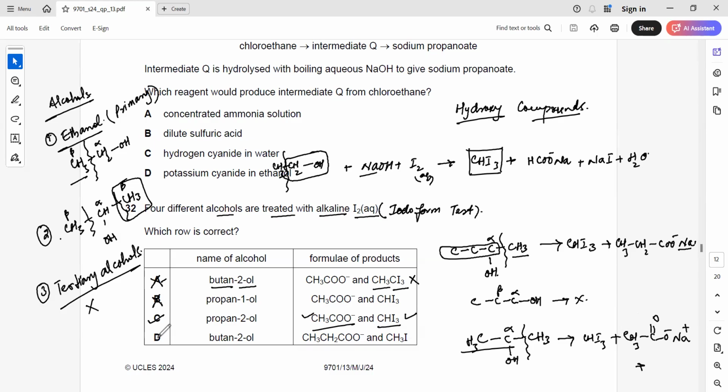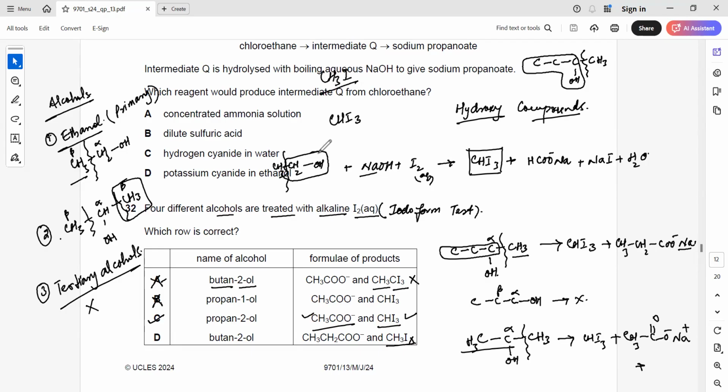But what about D? They are saying butan-2-ol. If it is butan-2-ol, yes, it will give us the iodoform test, but the acid will be of three carbon atoms. On oxidation, it will give us an acid of three carbon atoms. So they are saying CH3I. No, it's incorrect. The iodoform formula is CHI3, not CH3I.